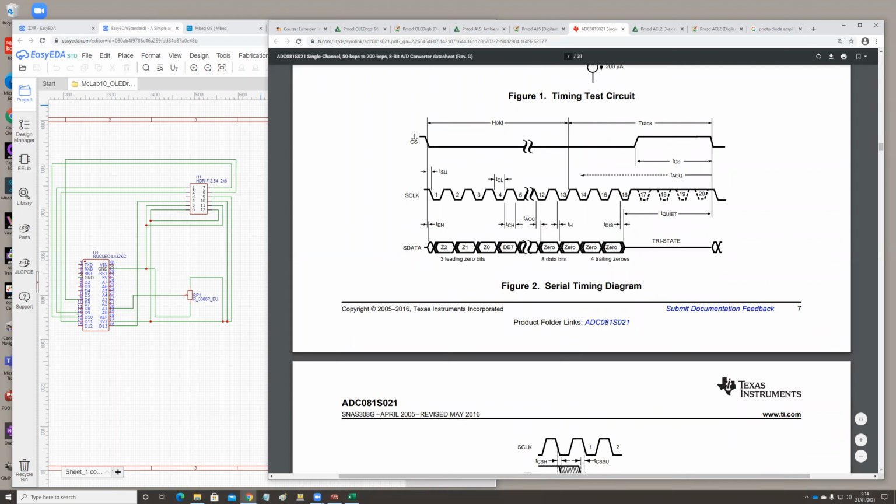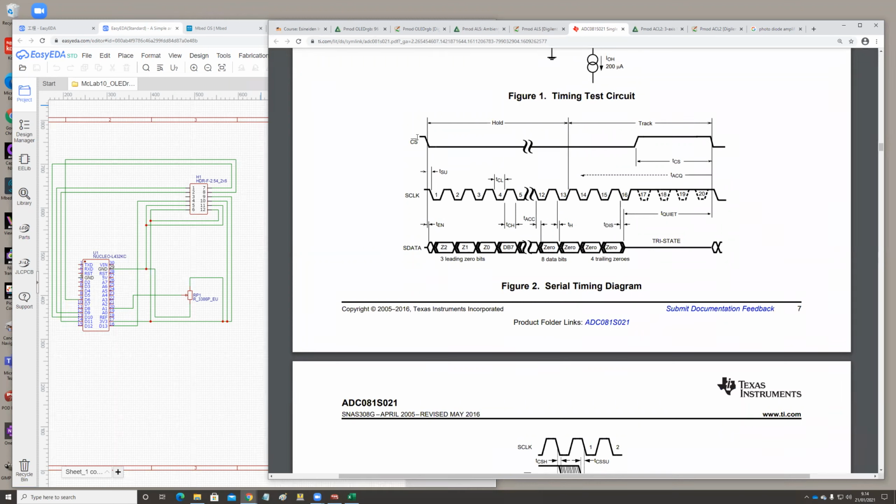So we can read it like this. The microcontroller draws the SPI select pin down from 3.3 volts to 0 volts. Then the clock pulse goes to the chip, and this is the data line. When the SPI select goes down, there are 3 leading 0 bits.